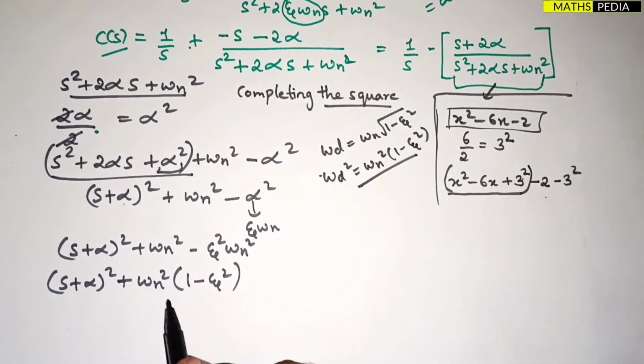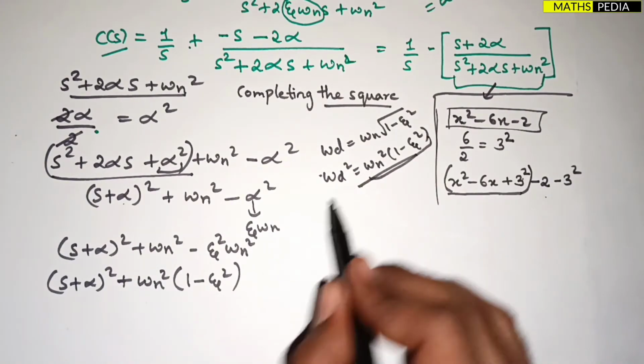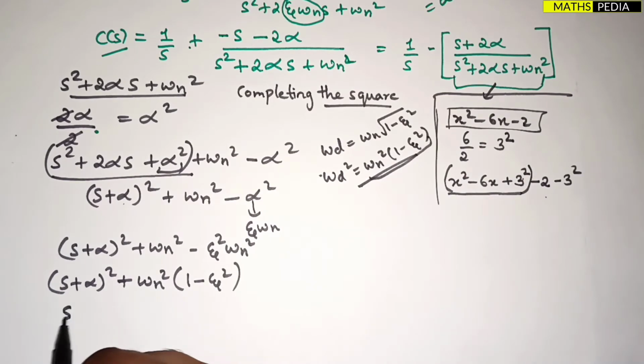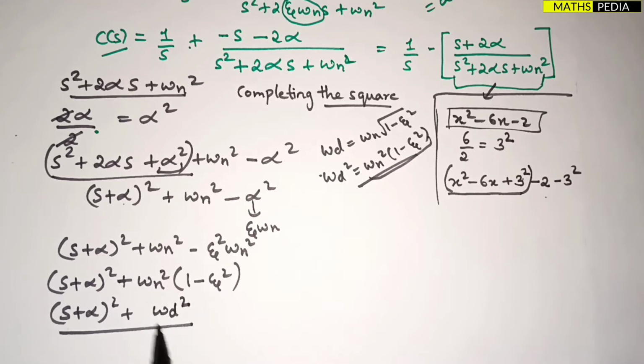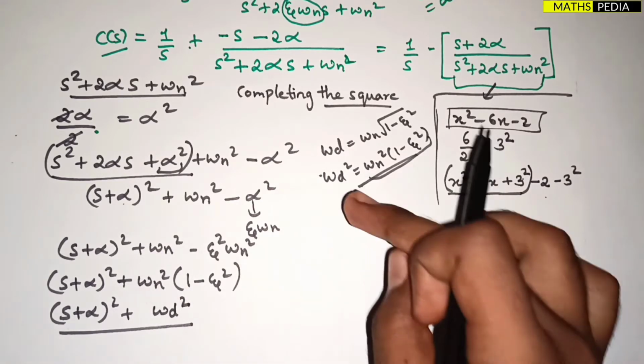Simple thing. You can see over here the RHS part is nothing but omega d square. So I can write this as s plus alpha the whole square plus omega d square. Remember this, it is omega d square, not omega d.